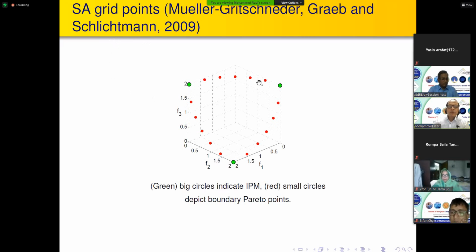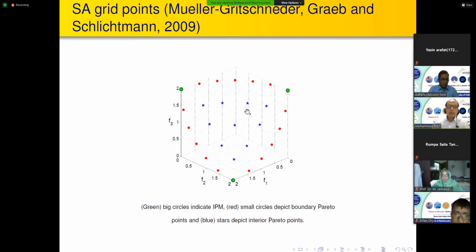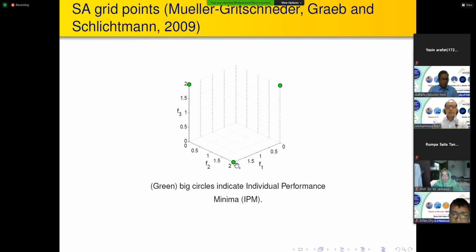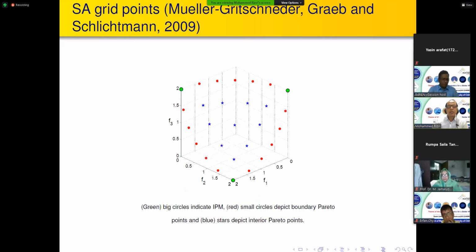After that, we use some kind of linear scalarization technique to generate the inner points. You see the stars, they are inner points. So it's step by step. In the first step, generate the individual performance minima, that means a solution of each objective function, then generate the boundary, then generate the inner points.